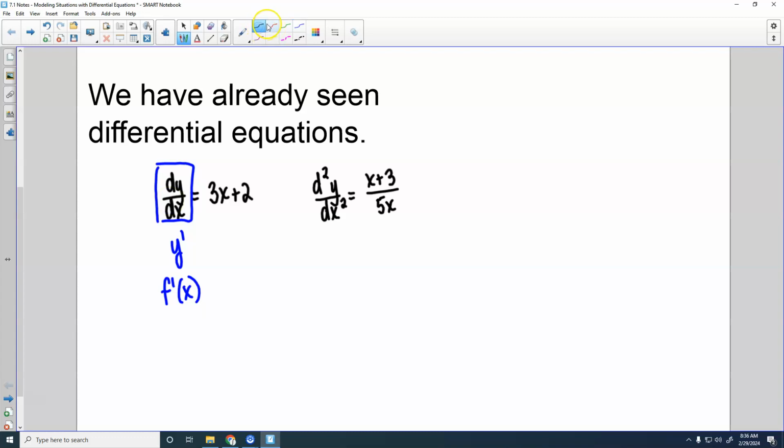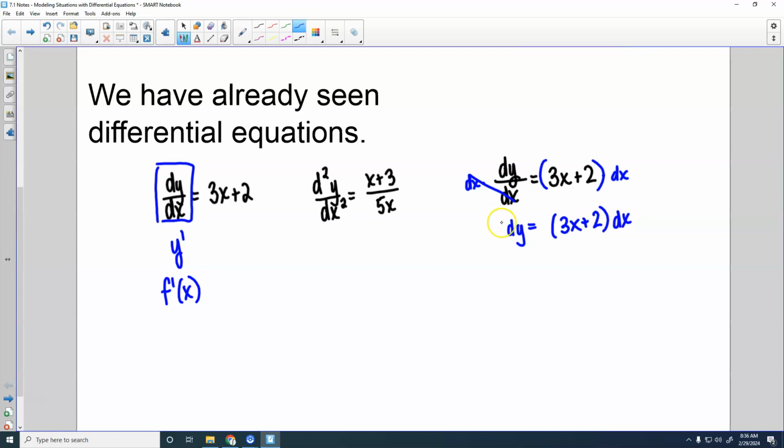And I'll go ahead and show you real quick, like that first one, how we would solve that differential equation. To solve it, we would need to get our dx over on this side, so we'd multiply by dx. We would have dy equals, we would need some parentheses here, 3x plus 2 dx.